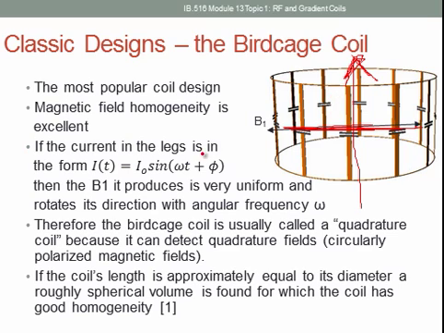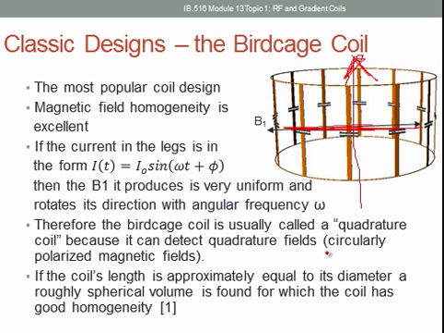It turns out that if the current in the legs is sinusoidal, then the B1 it produces is very uniform, and it actually rotates its direction with angular frequency. That's what makes the birdcage coil a quadrature coil, because it can detect circularly polarized magnetic fields. If you remember way back from, I think, module 2 or 3, there was a topic on electromagnetics where I talked a little bit about circular polarization.